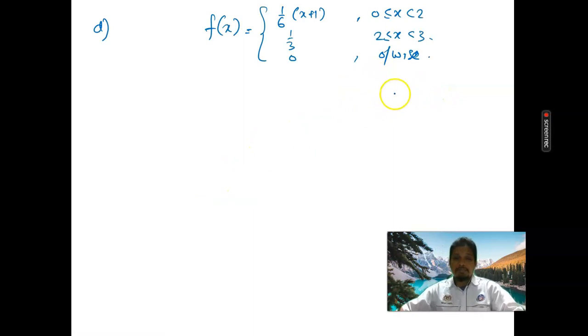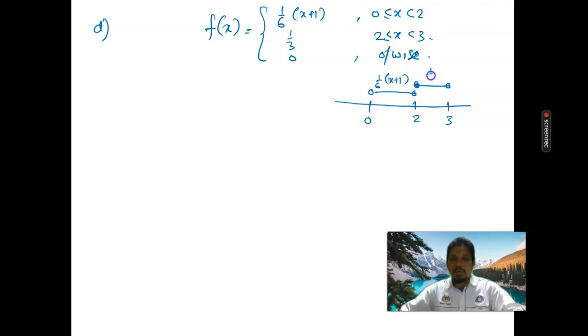From 0 until 2 and 3, this is the domain of the function 1 over 6 (x plus 1), and this is the domain of 1 over 3.